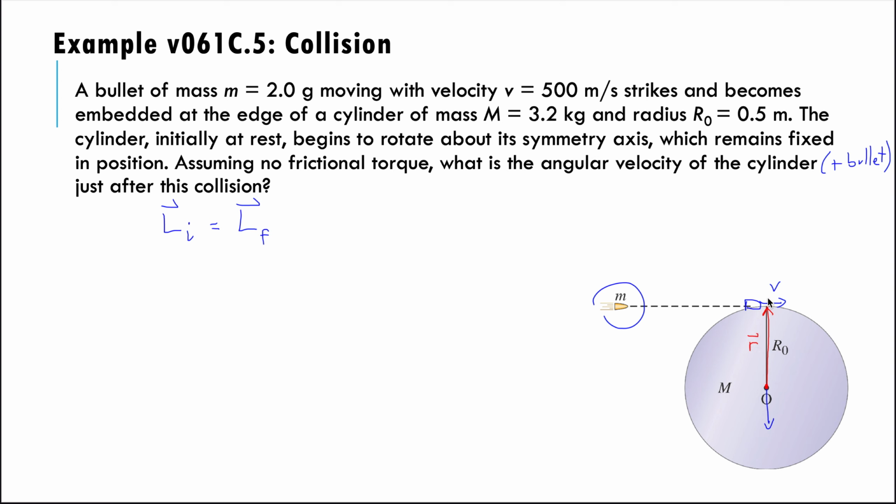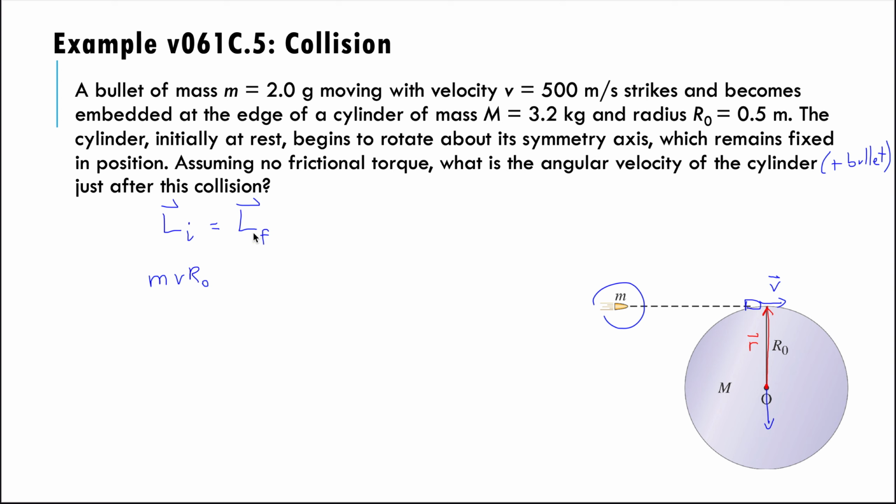That's our position vector, so they're perpendicular to each other. We know that the angular momentum is going to be mvr. And I'm using little m for the mass of the bullet, v because we're given its initial velocity, and now the r, I'm actually going to put r naught, the radius of the cylinder, that is the distance from the axis to where the particle is.